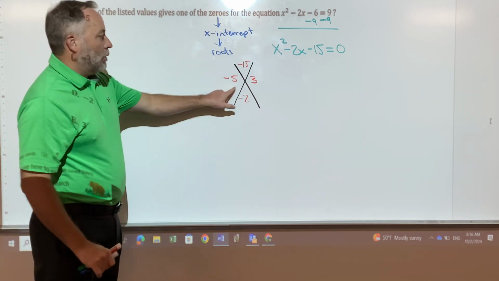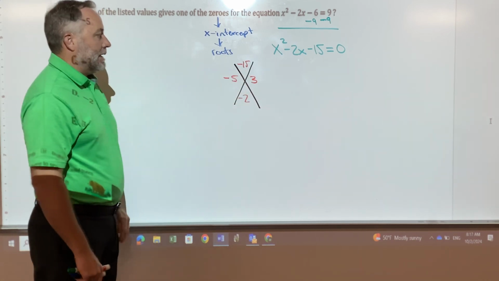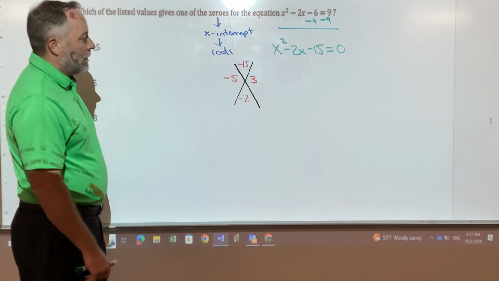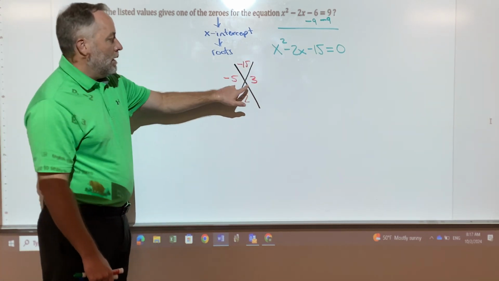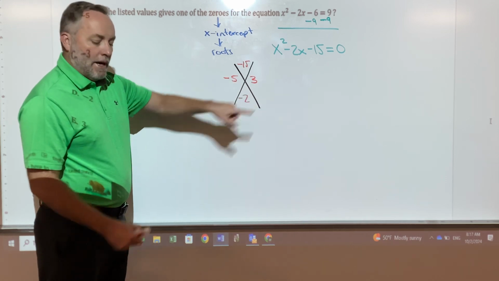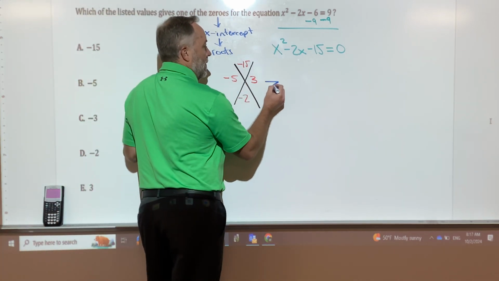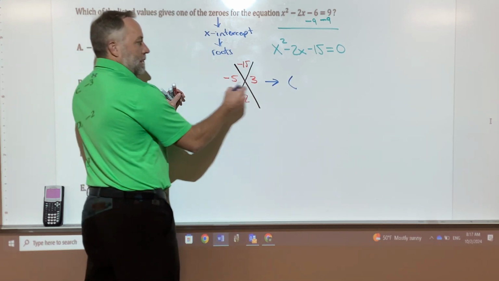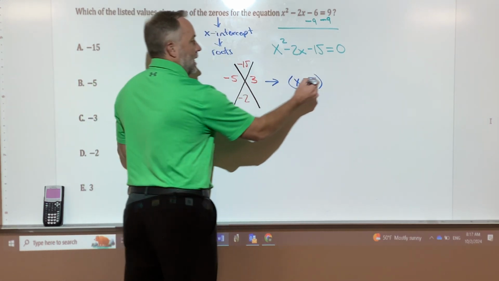They will multiply to get negative 15, and they will add to get negative 2. In this case, when your leading coefficient is 1, you can just use those 2 values and immediately factor. So I can now write this exactly like I see it. x minus 5 times x plus 3.